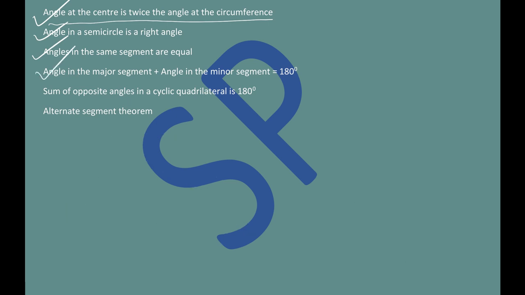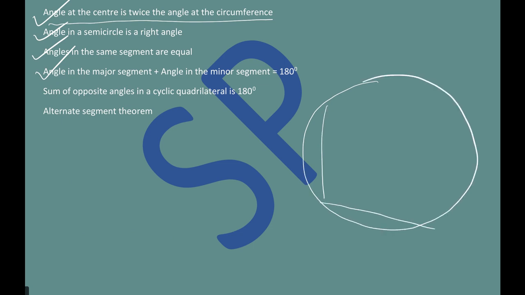So obviously, if you have a cyclic quadrilateral, then the sum of these two angles is going to be 180 degrees. Similarly, the sum of these two angles, say if I call them gamma and delta for fun, gamma plus delta is also 180 degrees.